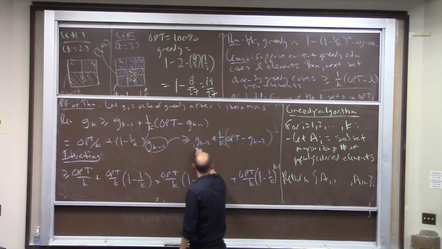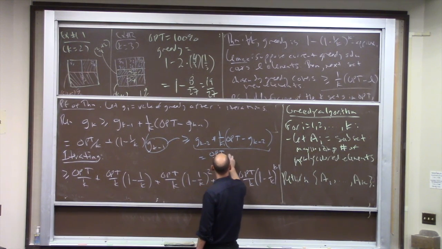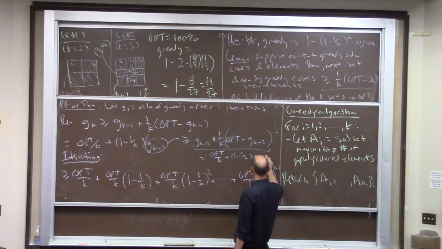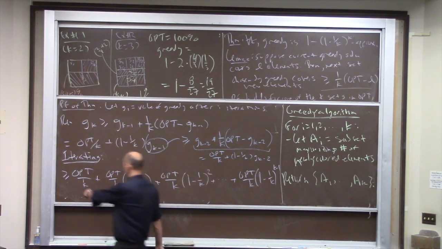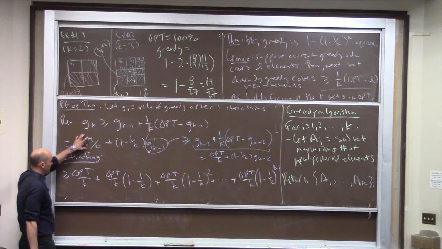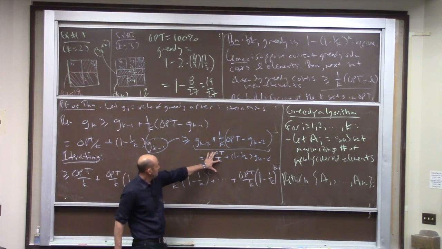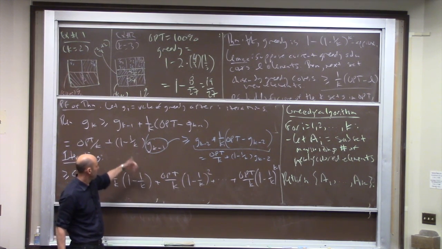This may be clearer if I also just write this as equal opt over k plus 1 minus 1 over k g k minus 2. Okay? So this term corresponds to this term, this opt over k. This opt over k times 1 minus 1 over k corresponds to this opt over k multiplied by that leading term, and then so on.